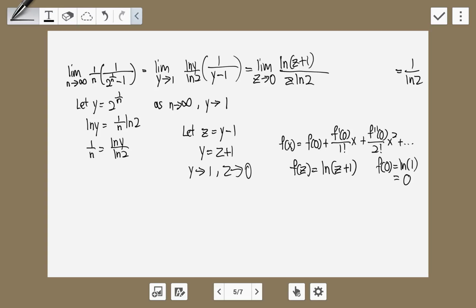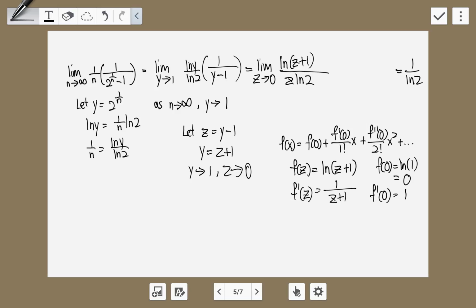Then we do f prime(z), which means differentiating this one time. Differentiating the inside first, I get 1 over the inside. This is the formula for differentiating a ln function. Since we have this, f prime(0) equals 1 over 0 plus 1, so it's just 1.